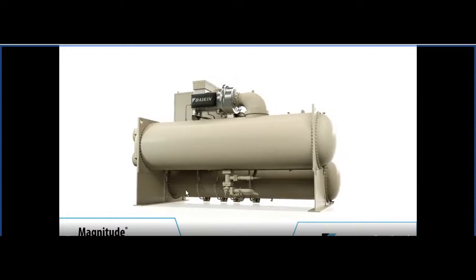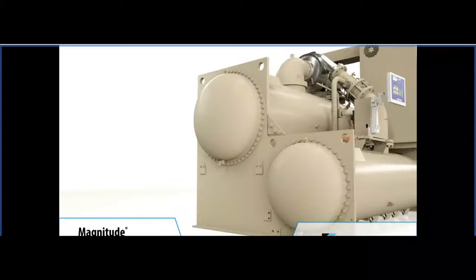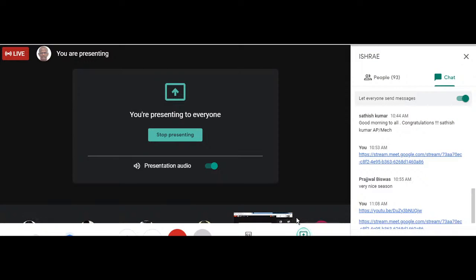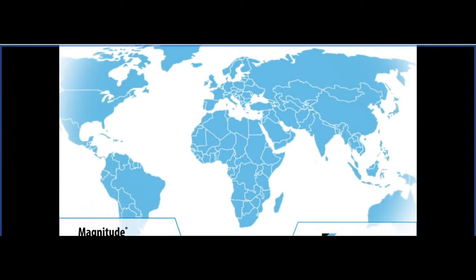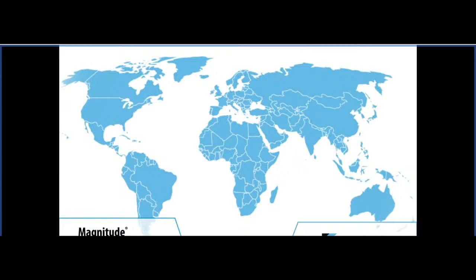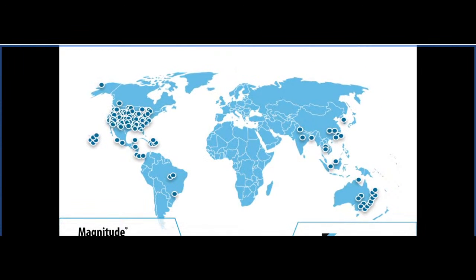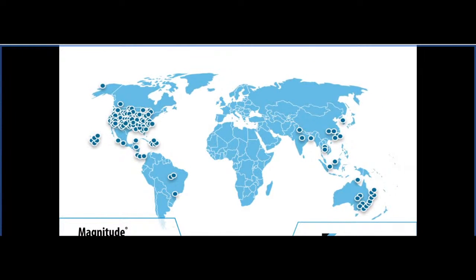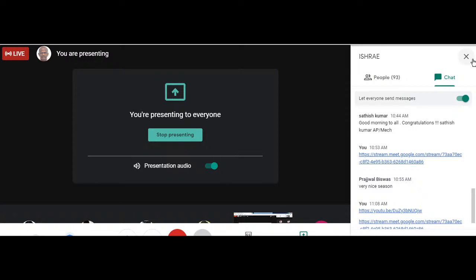Compressor, now available in single and dual compressor models from 100 to 1,500 tons. Since their introduction in 2003, these magnetic-bearing compressor chillers have proven their efficiency and reliability in thousands of installations around the world.